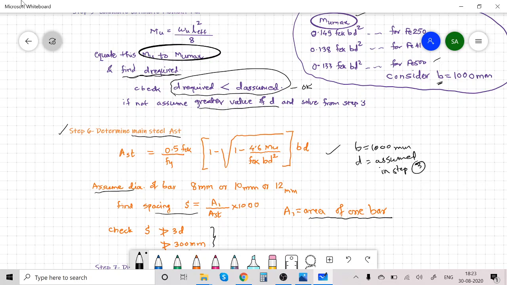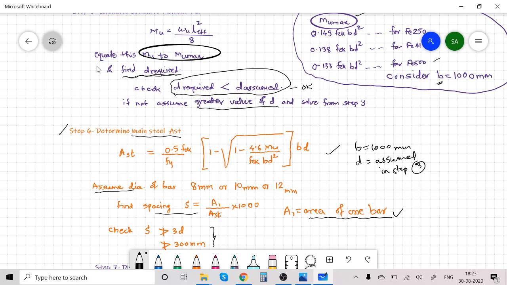After finding AST, assume the diameter of the bar. It may be either 8 mm or 10 mm or 12 mm. Find the area of one bar. A1 is the area of one bar which is used. Say 8 mm bar, then pi by 4 into 8 square. Then AST is calculated from this formula.